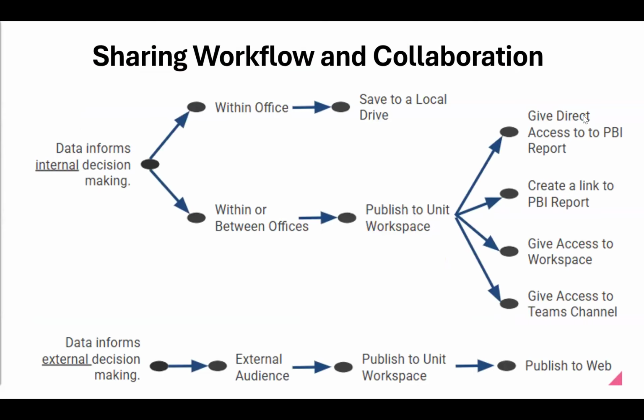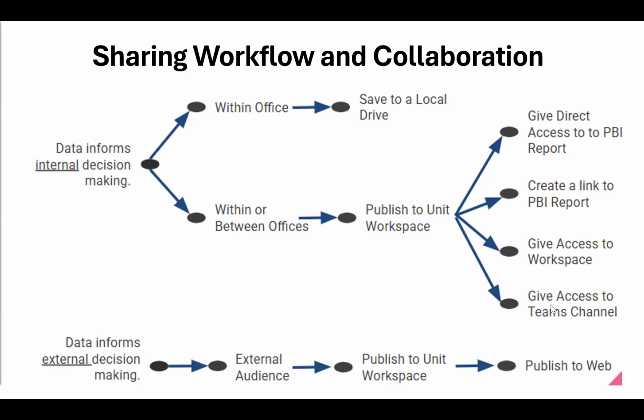So we talked about giving direct access, creating a link. You can also give someone access to the workspace that a report lives in, which would typically make sense if they're within your office, because then they can see all of the reports that have been published to that workspace. And in addition to embedding within a website or a PowerPoint slide, you can also embed into something like a Teams channel.